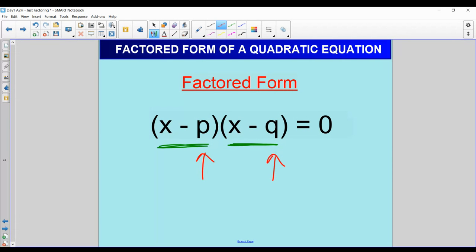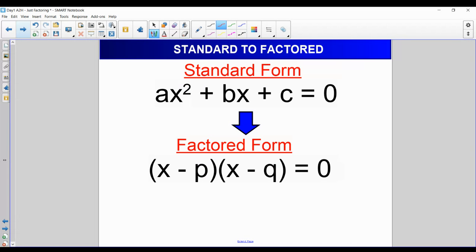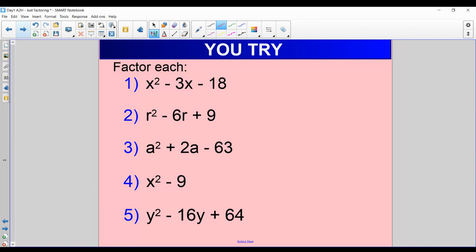So again, blue screen, factored form, that's important to us. So what we're going to work on today is how do I go from standard form to factored form? Well, we do that by factoring.